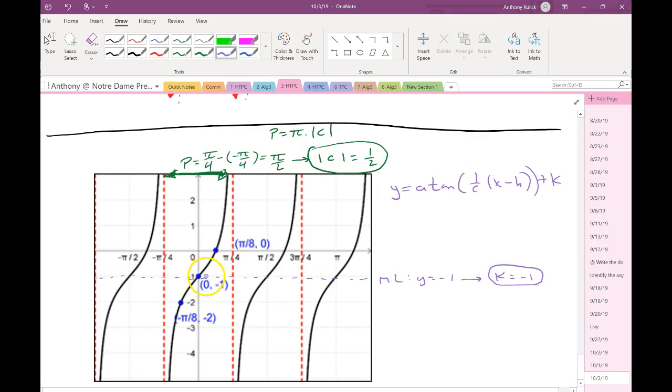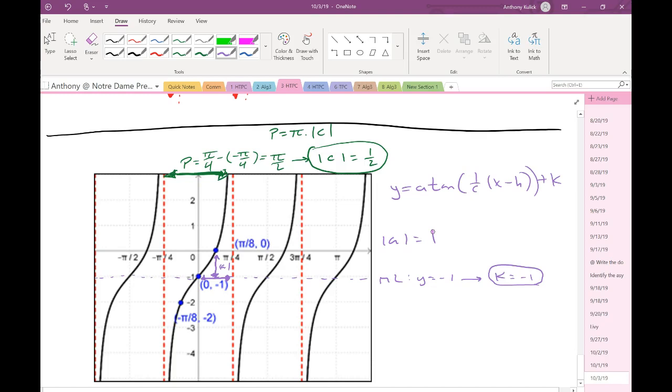So if I look at halfway between my midline point and the asymptote, the distance from the graph to the midline is going to be my value for A. In this case, that value is 1.